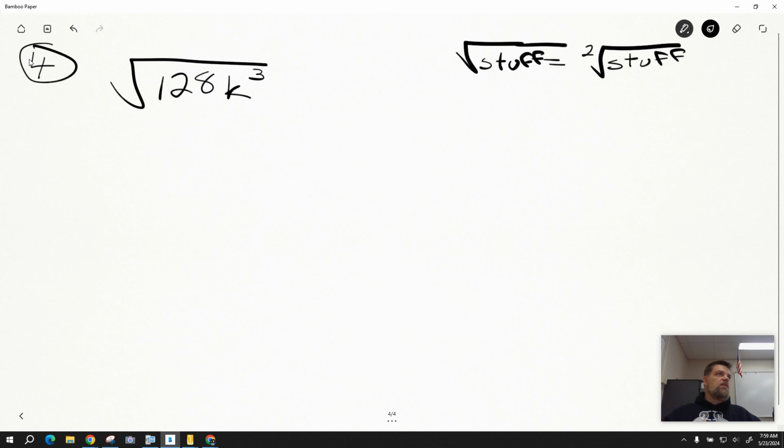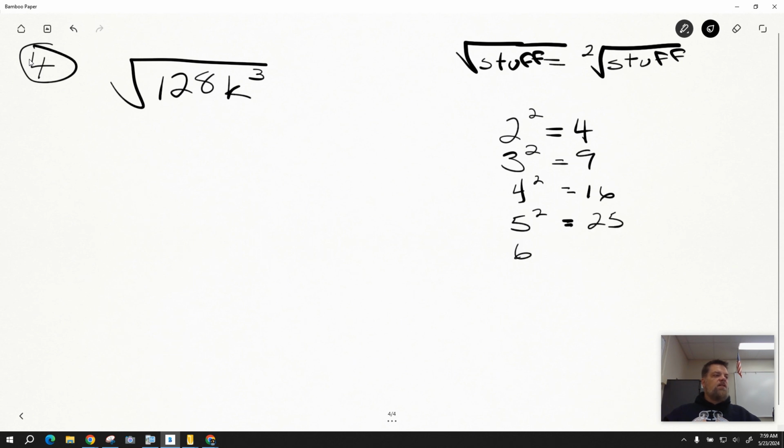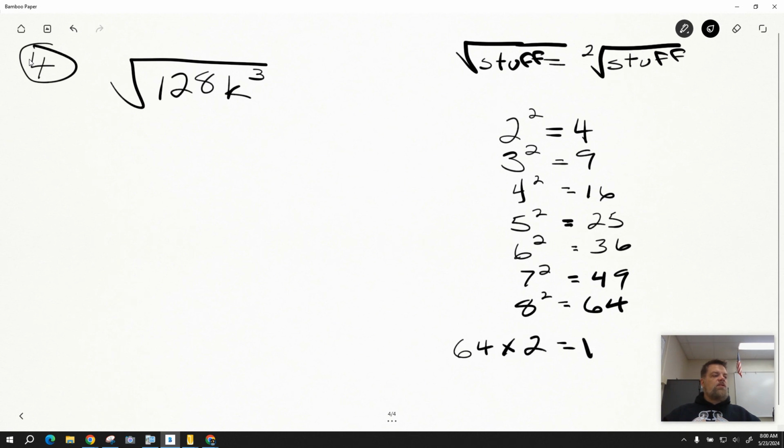So 128, we've got to think, well, 2 squared is 4, 3 squared is 9, and you'll want to write this down in your notes because it'll be helpful. 4 squared is 16, 5 squared is 25, 6 squared is 36, 7 squared equals 49, 8 squared equals 64, and so 64 times 2 equals 128.